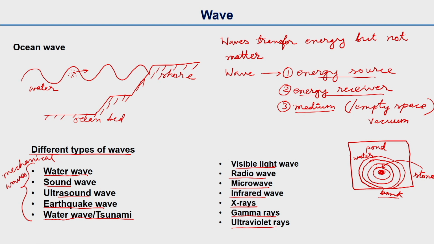Mechanical waves are also sometimes known as stress waves, because the resulting waves in the medium are due to mechanical stress effects. The other group of waves are called electromagnetic waves.